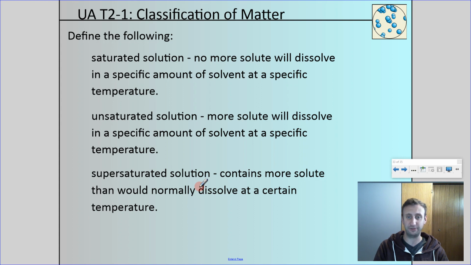That's an unsaturated solution. And then supersaturated, this is a weird one, and we're going to have videos for this so you can see. Supersaturated means that more is actually dissolved than should be able to stay in the solution. How we make a supersaturated solution is we heat up the solution to dissolve more, and then we carefully cool it down.